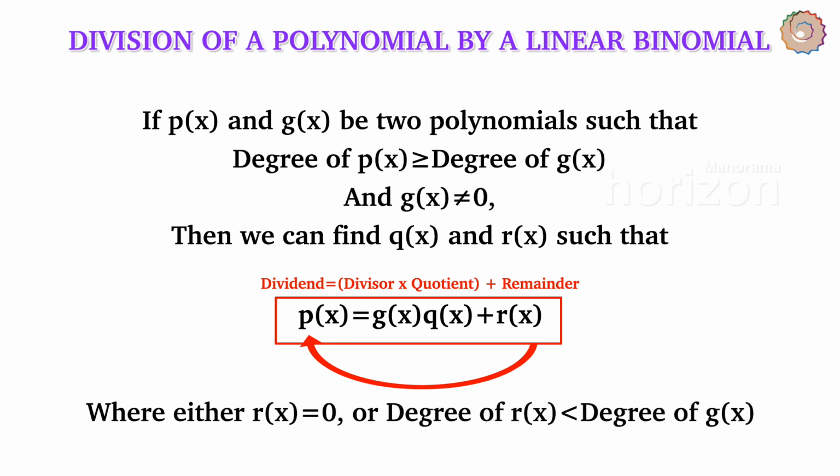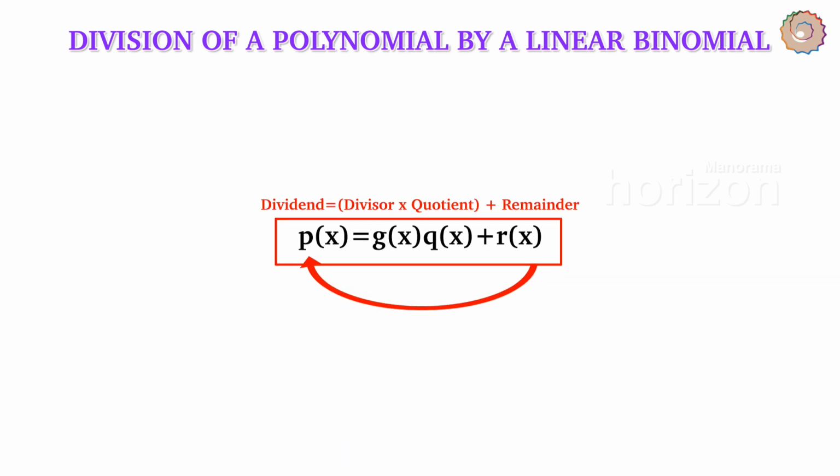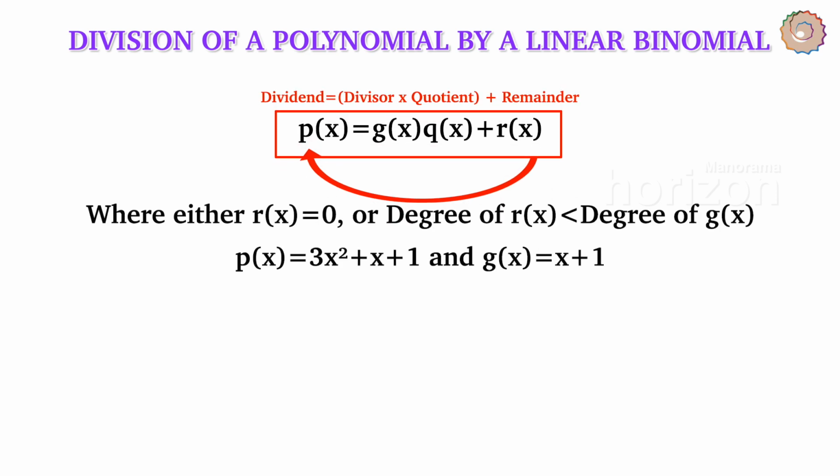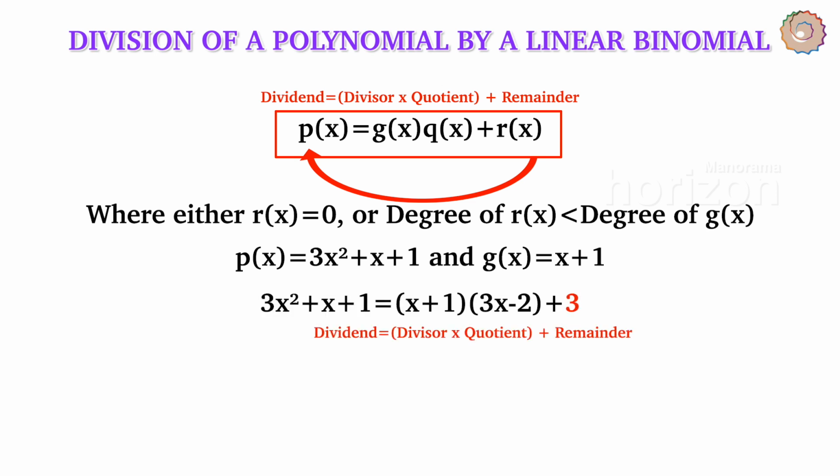Now, let's try to find some link between the remainder r of x and the dividend p of x. We have p of x equals 3x square plus x plus 1 and g of x equals x plus 1, which when divided by long division, we got 3 as the remainder.